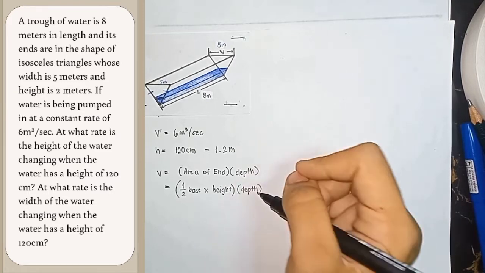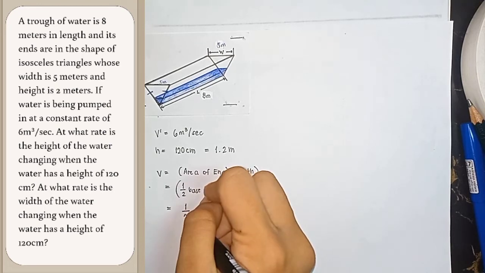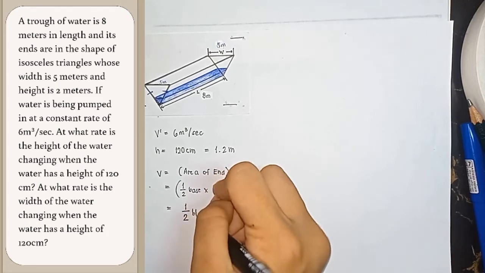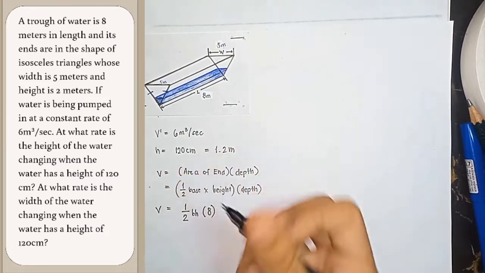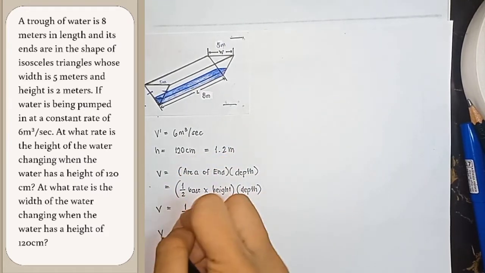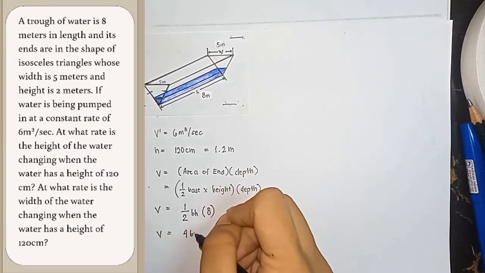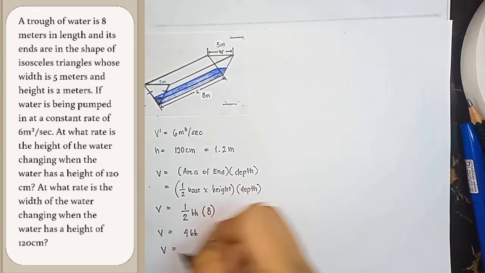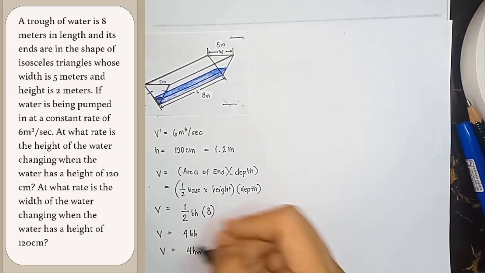So cleaning that up a little, we're going to have V is equal to 1/2 the base times the height, and our depth or length is 8. So our volume is equal to 4 times the base times the height.